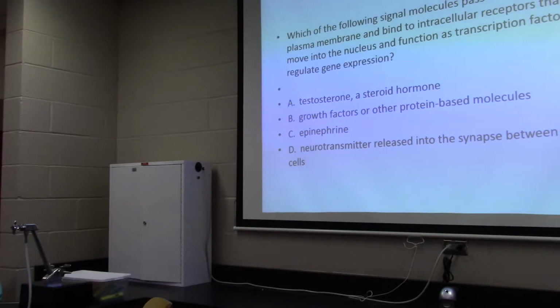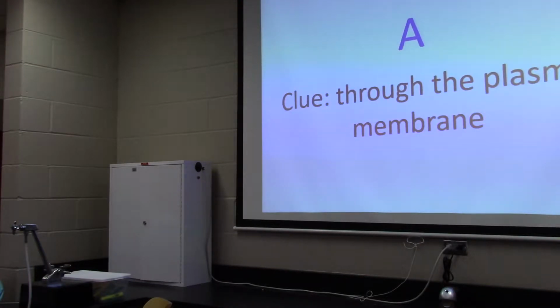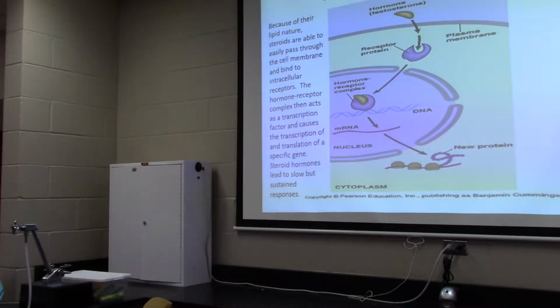A. Because testosterone is a steroid, and a steroid is a lipid-based hormone, right? It can go through. It can just as easily be estrogen. Either one works. They're both steroids. And remember that the steroids penetrate the cell membrane.